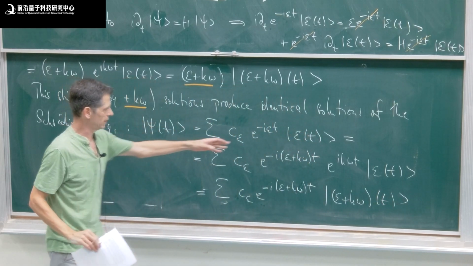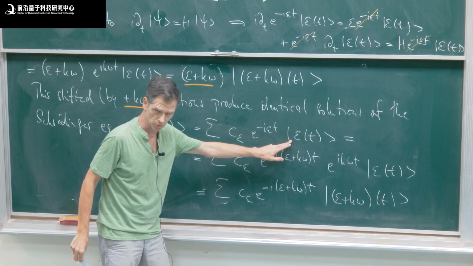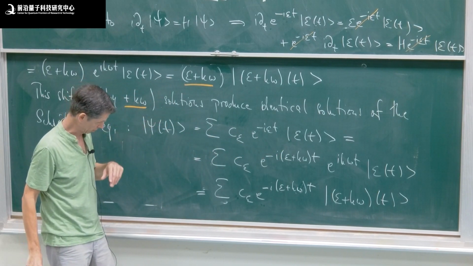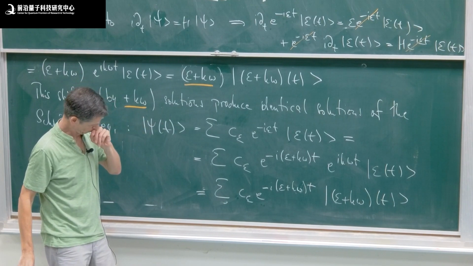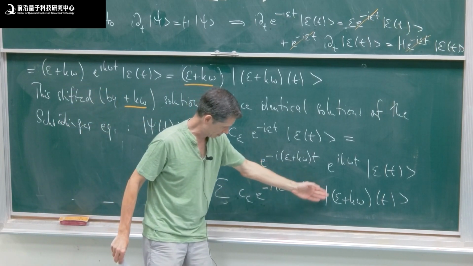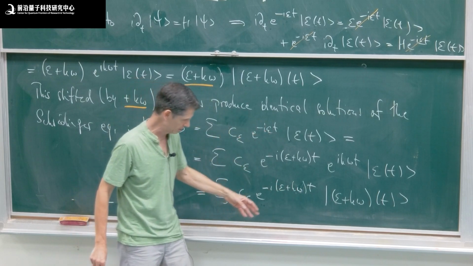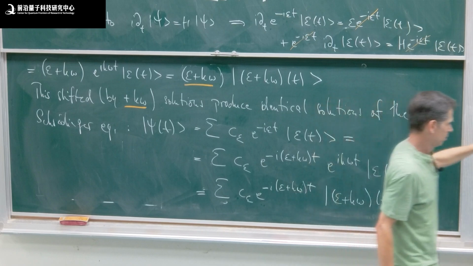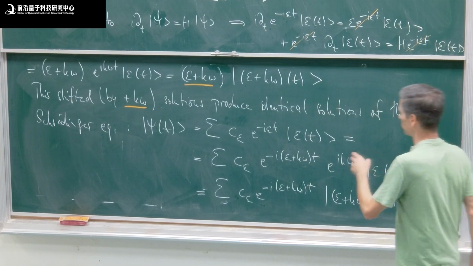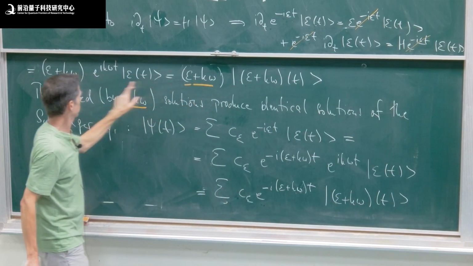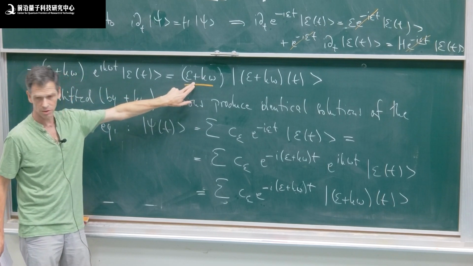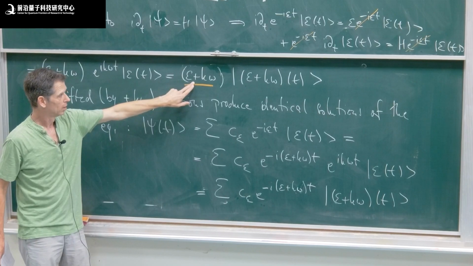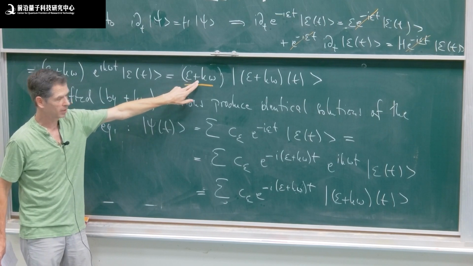Given epsilon of t as a complete set of solutions which give you an arbitrary solution of the Schrödinger equation generated by this periodic Hamiltonian, you can construct other sets of equivalent eigenstates which are just shifted on the energy axis by k omega, because they fulfill the Floquet eigenvalue equation for another eigenvalue shifted from the original eigenvalue by k omega.